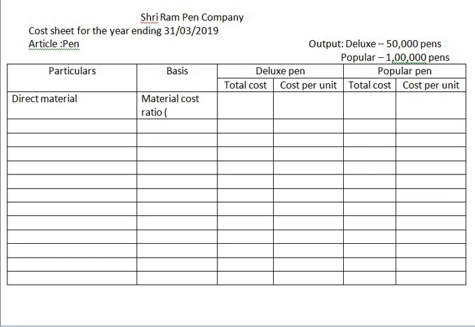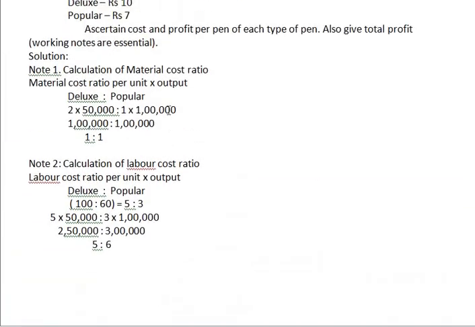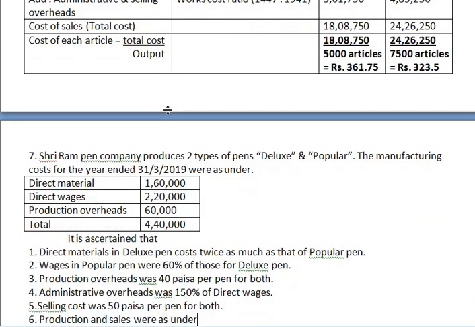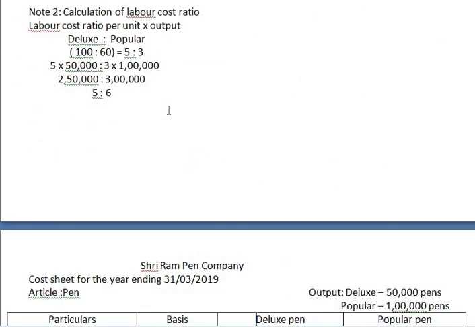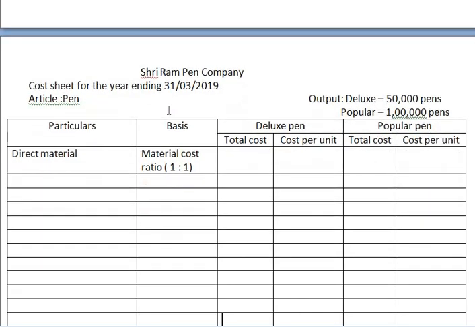And material cost ratio is 1 is to 1. Okay, yes. Now for deluxe pen. Now the total amount is how much? Total amount is 1,60,000, right? So 1,60,000 should be divided between deluxe as well as popular. So ratio is 1 is to 1. So 1,60,000 into 1 divided by 2. So how much it will be? 80,000.